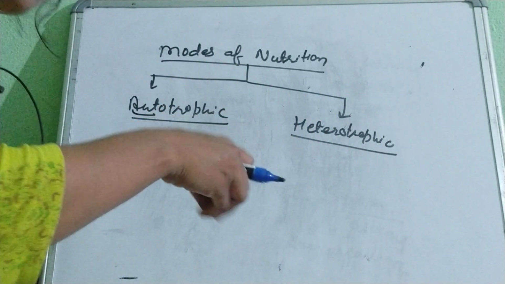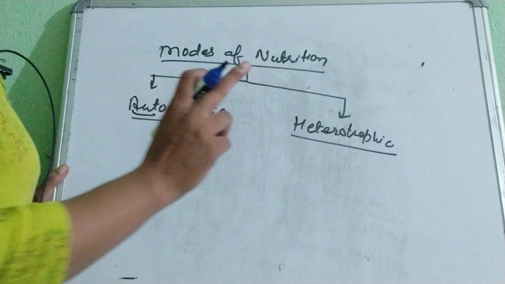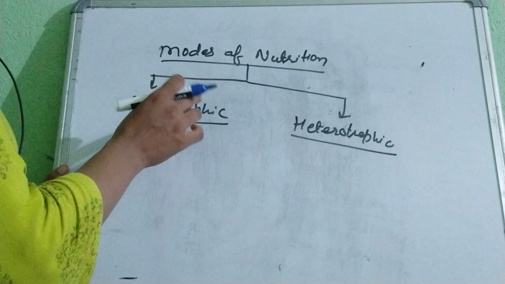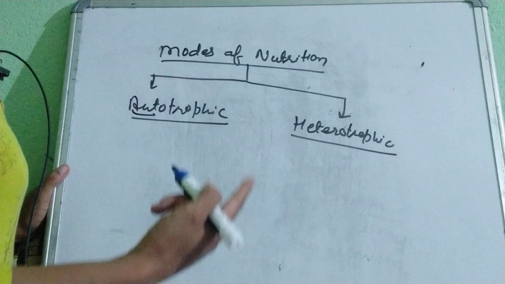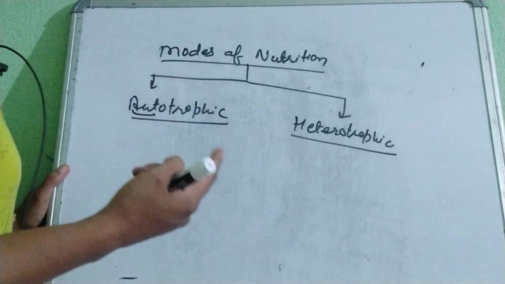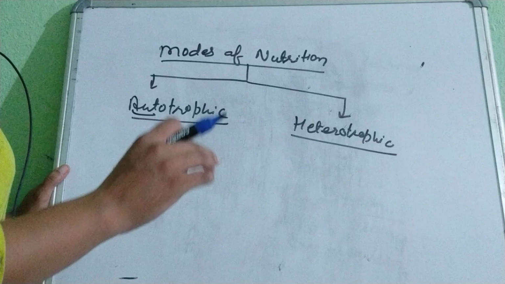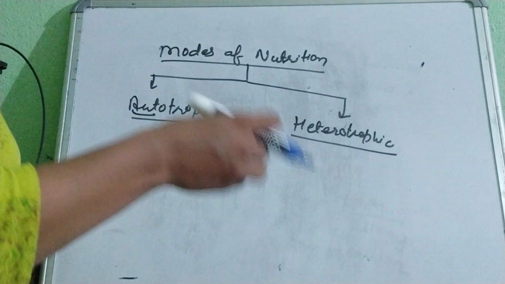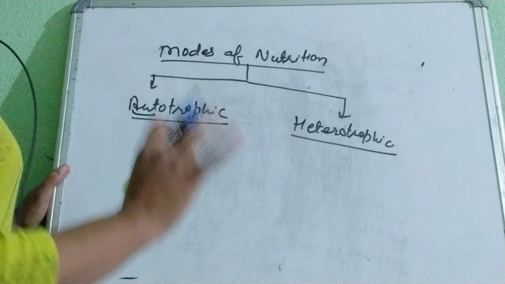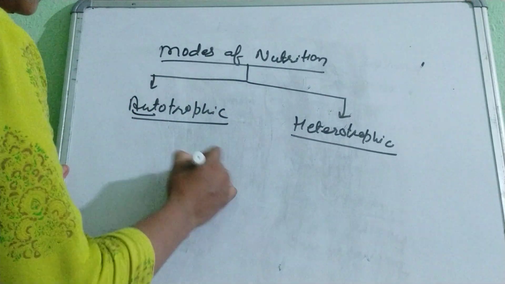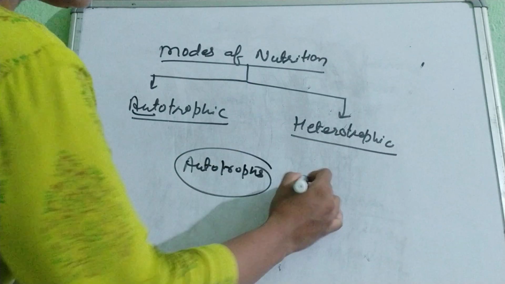The process of obtaining that food is called heterotrophic nutrition. So one term used here is autotrophs, and the second is heterotrophs. Autotrophs are plants or organisms which prepare their own food, and heterotrophs are organisms which are dependent on autotrophs for their food.